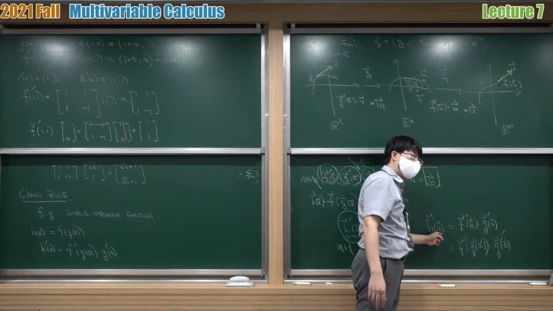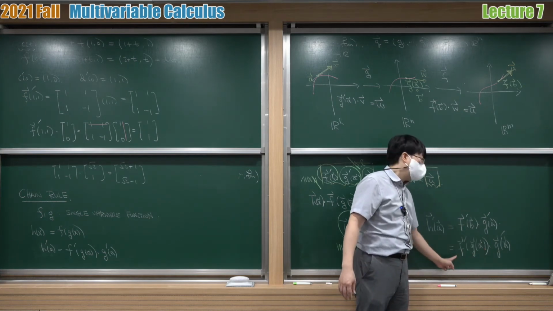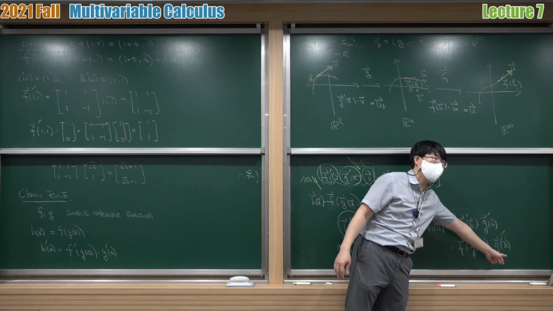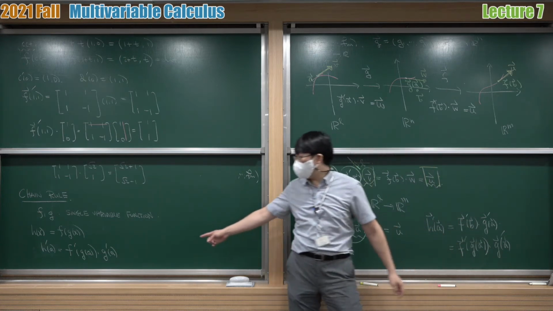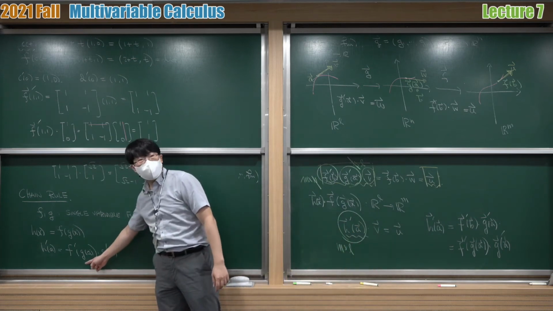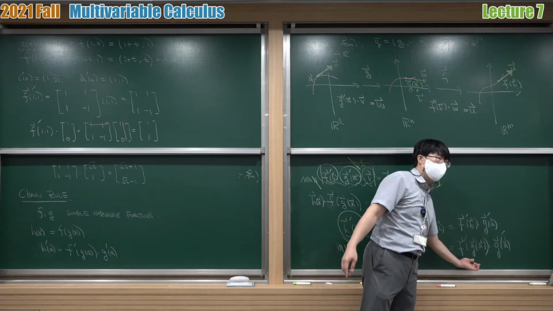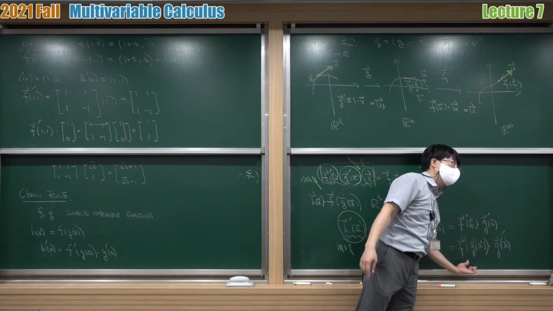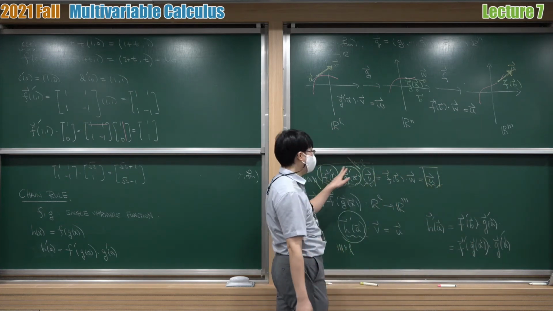The derivative of the composite function H is equal to the derivative of the outside function times the inside function. But the object that we are multiplying is different. Here we have just real numbers, right? Here we have matrices. But these two matrices are multipliable because they have matching numbers of rows and columns.